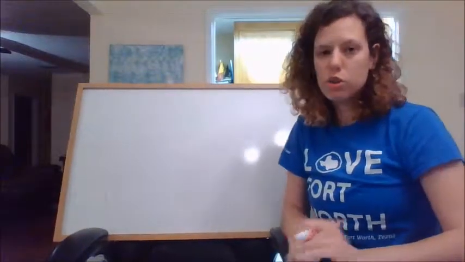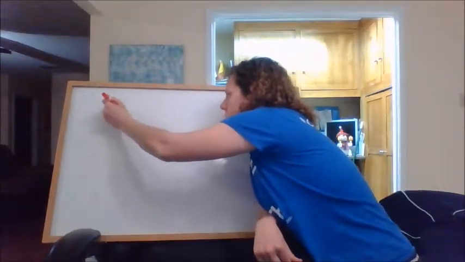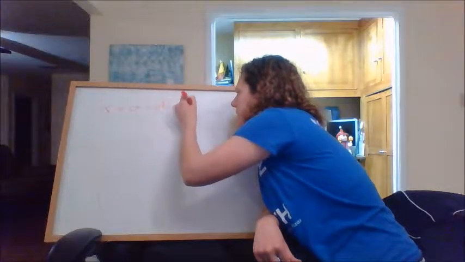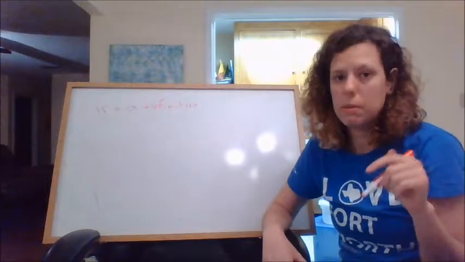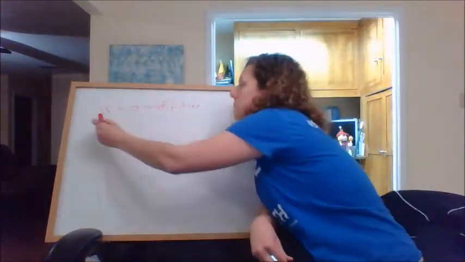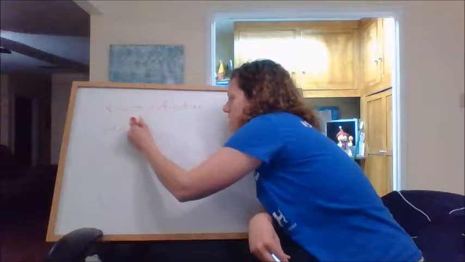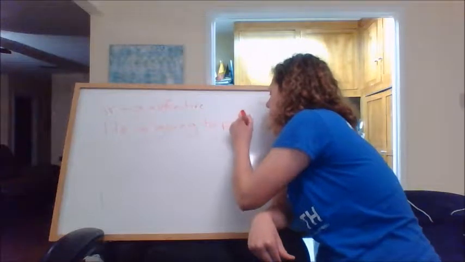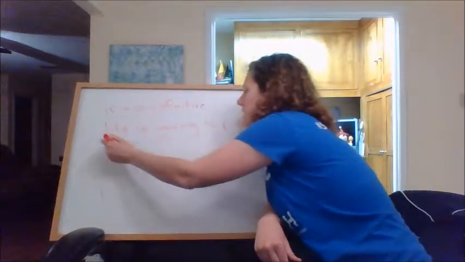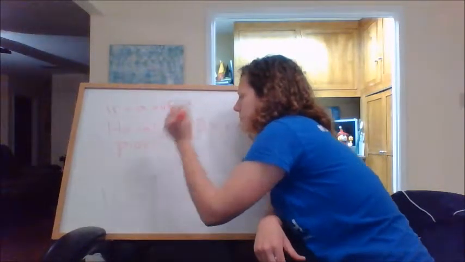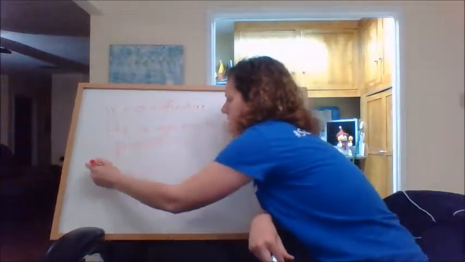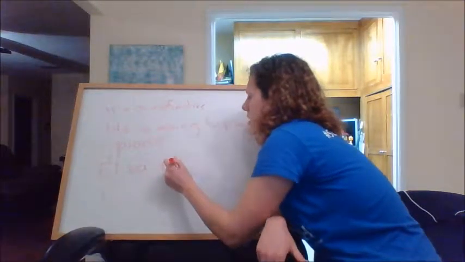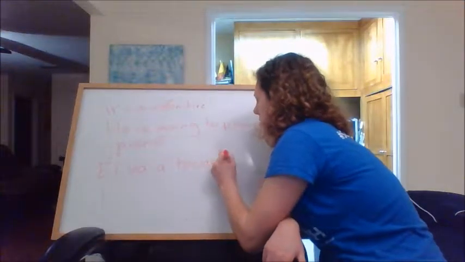To make the near future, we use ir plus a plus infinitive. That means you're going to do something. So if I said something like, he is going to play the piano, we would say, él va a tocar el piano.